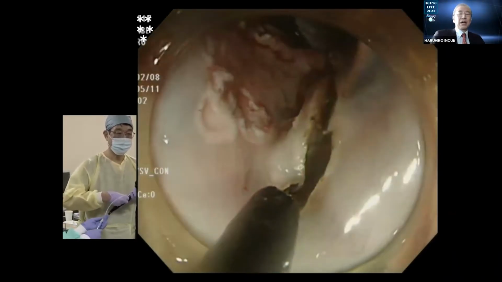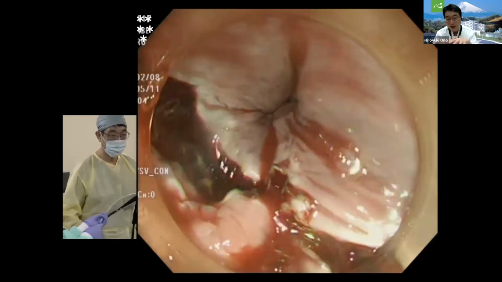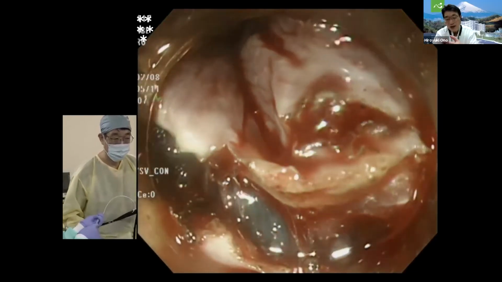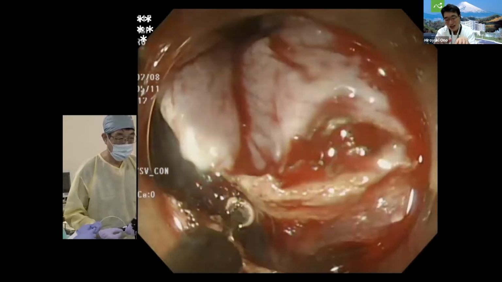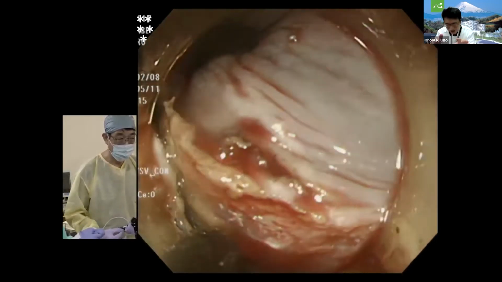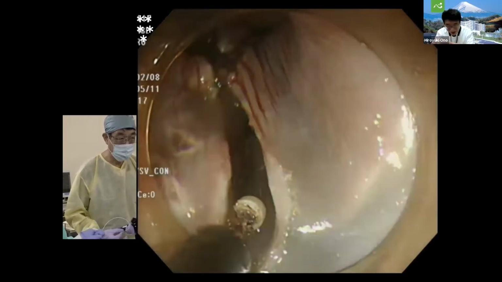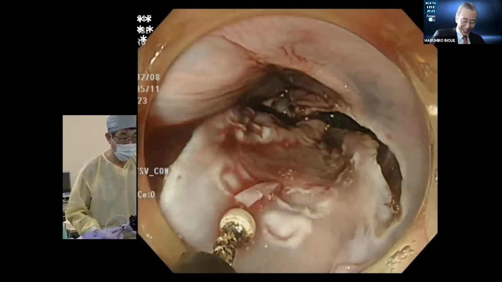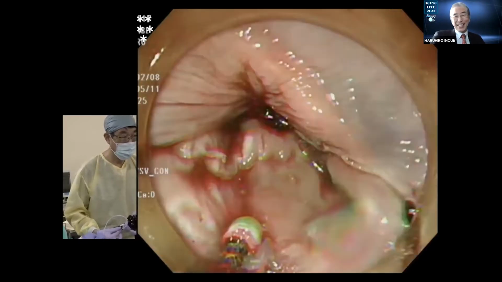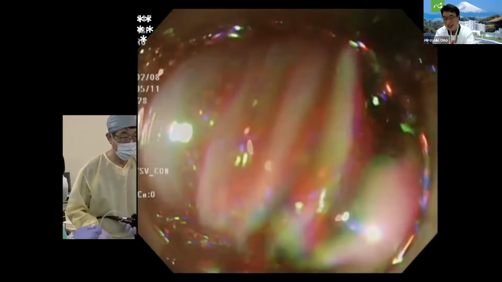The IT knife 2 has a good cutting ability, so sometimes it is dangerous for the esophagus because the esophageal wall is thinner than the gastric wall.